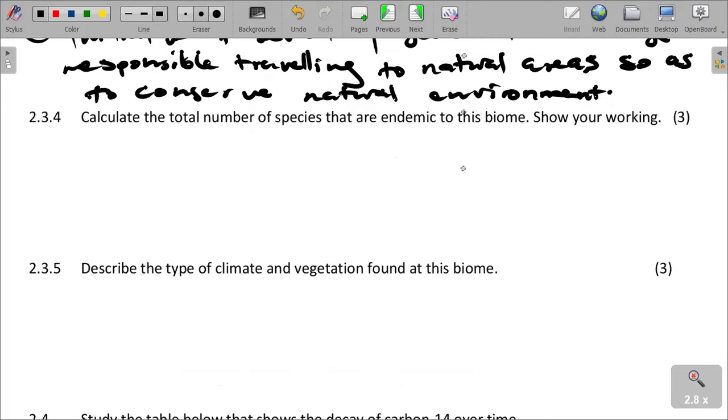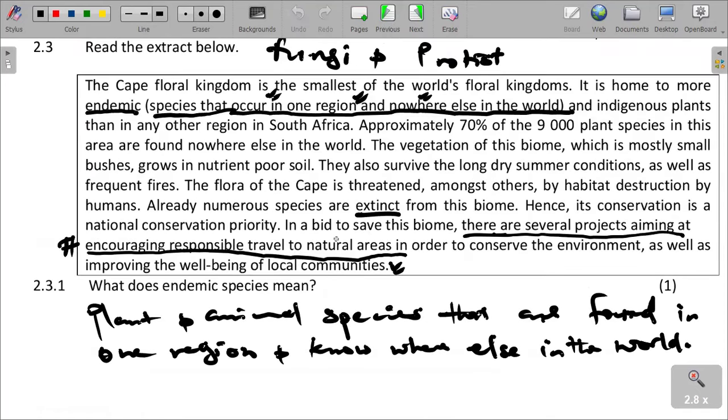Calculate the total number of species that are endemic to this biome. Show your working. We are told that approximately 70% of the 9,000 plant species in this area are found nowhere else in the world. So 70% of 9,000 is what we are asked to calculate.